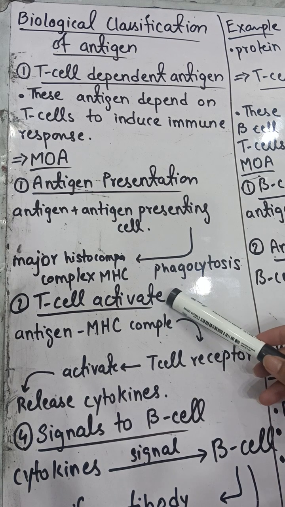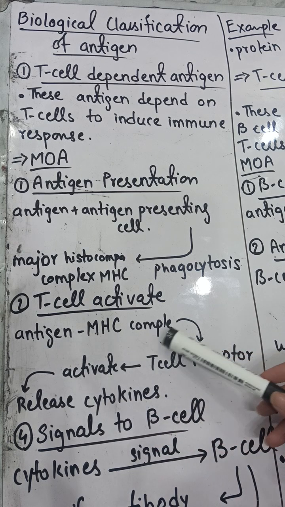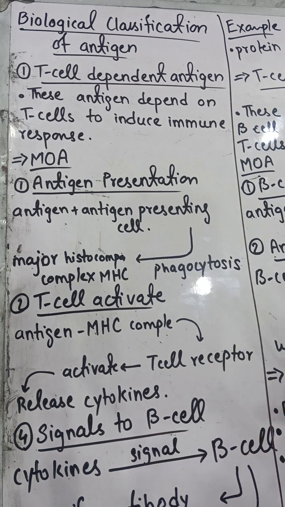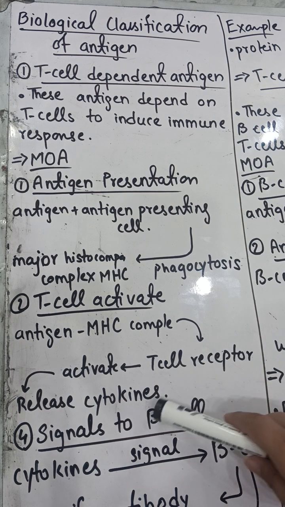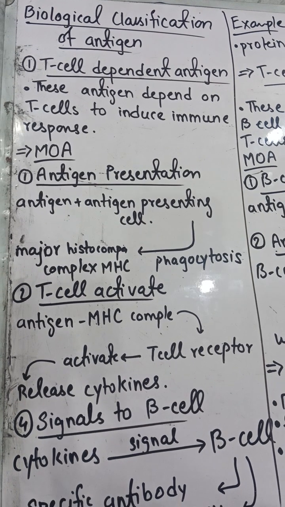Now what will happen after it? The T cell will be activated. How? Your antigen and MHC complex will cause the activation of the T cell receptor. On the T cell a receptor is present, so it will be activated, and whenever the T cell receptor is activated, it releases cytokines. What is the function of cytokines? Very simple.